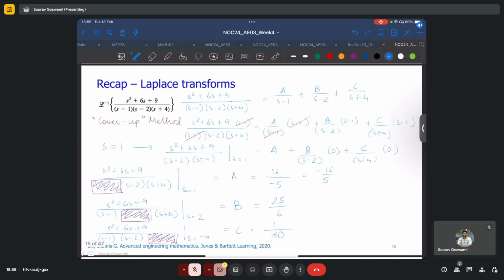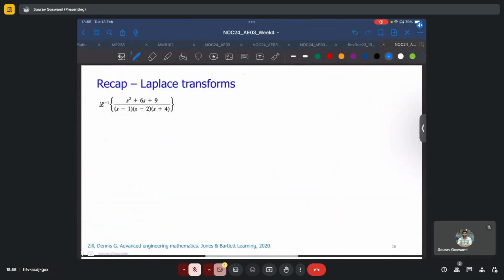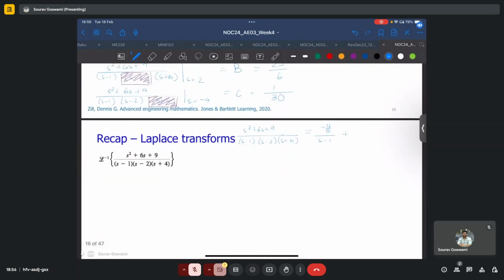So what we have done is we have found three coefficients. So (s square plus 6s plus 9) by (s minus 1)(s minus 2)(s plus 4) can indeed be written as the sum of these partial fractions: minus 16 by 5 by s minus 1, plus 25 by 6 by s minus 2, plus 1 by 30 by s plus 4.